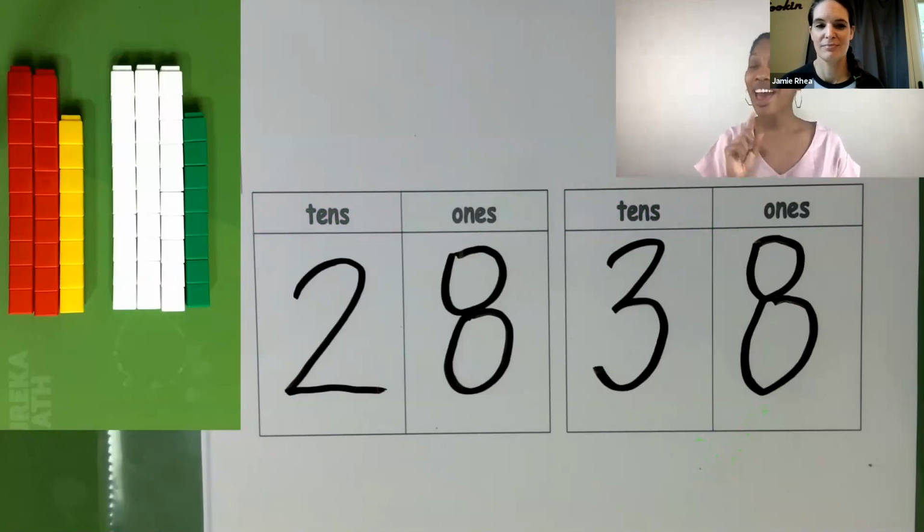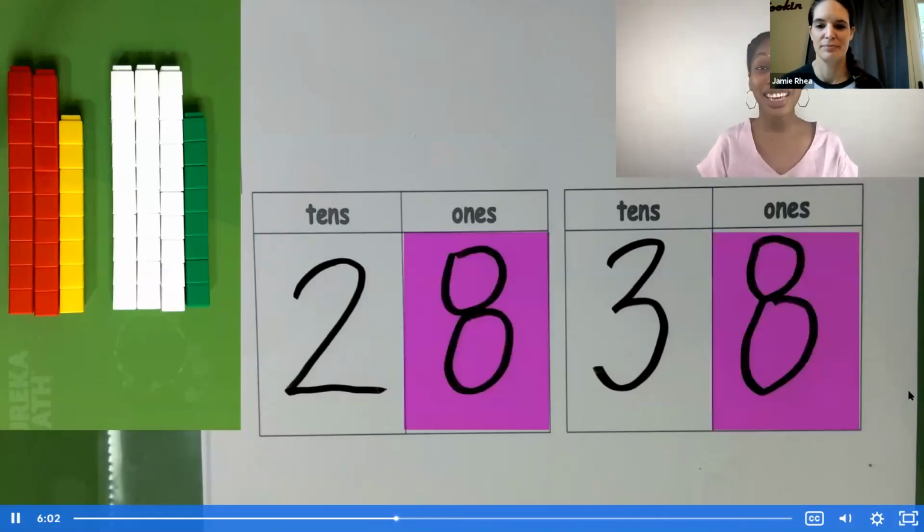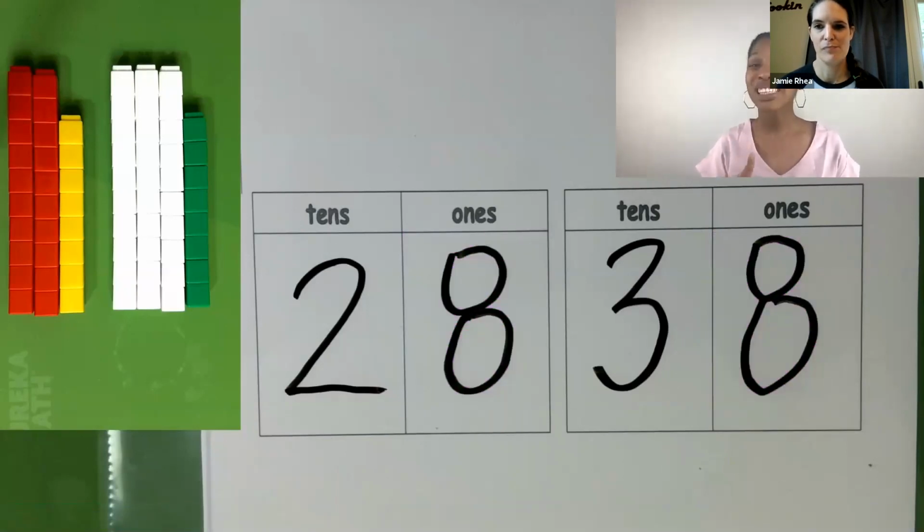We should look at the tens place. When I look at the place value chart, I notice that the digit in the ones place is the same for both 28 and 38. The digit is 8 in both numbers. So as mathematicians, we need to look at the tens place.